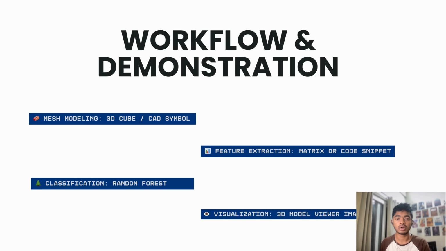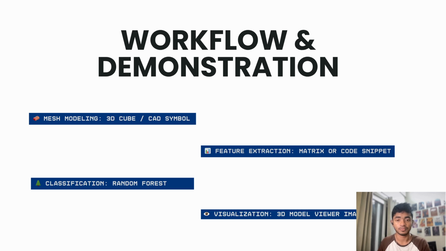Now, the methodology and demonstration overview. Here is the complete workflow. First, 3D mesh data was collected from ModelNet 40. In phase 1, we extracted structural features like the number of vertices, number of faces, surface area, and bounding box volume using Open3D. The extracted features were stored in a CSV file and used as input for a random forest classifier, which learned to recognize objects based on these numeric descriptors.